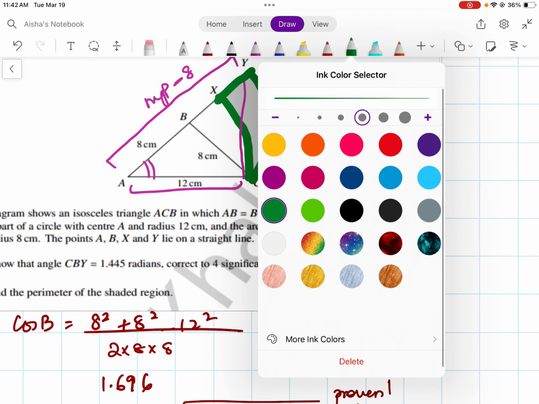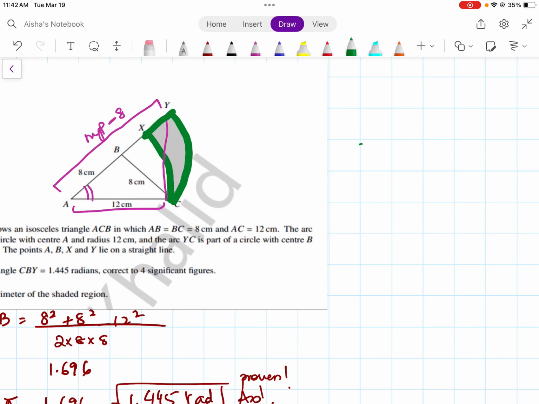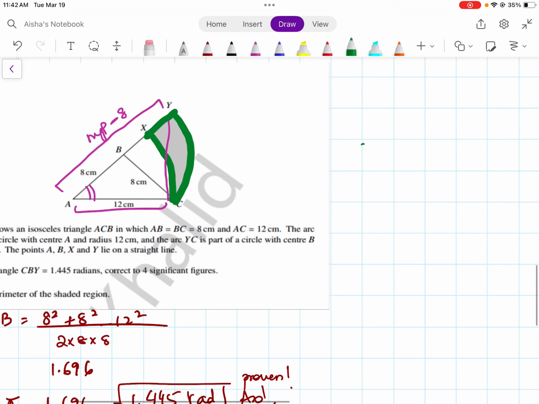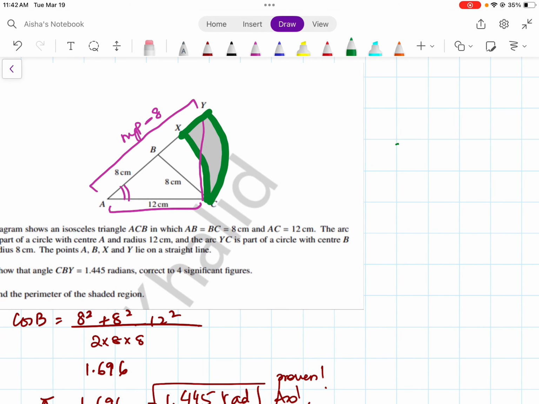Now let's understand how to go about it. Let's do the calculations. For the smaller sector, the BY sector has the radius 8. S is equal to r theta. Theta is 1.445 radians.